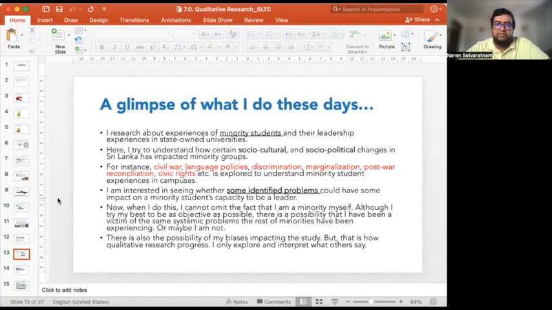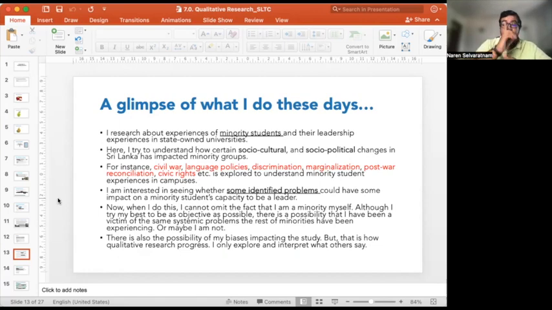Now, I already told you about what I do in my research as well. So there's a glimpse of what I do these days in my research work. I research minority students, as I told, and their leadership experiences in the state universities. So here I try to understand leadership of minority students through multiple methods. I try to understand their socio-cultural experiences and also socio-political experiences.